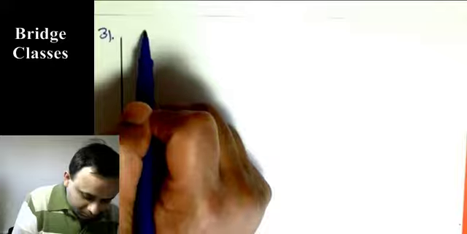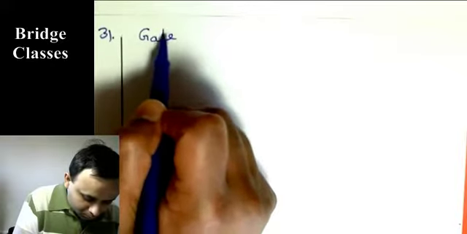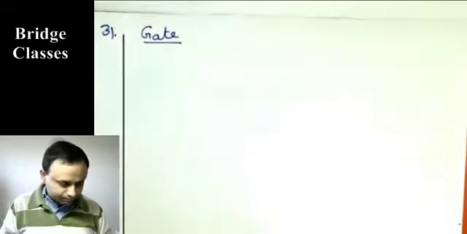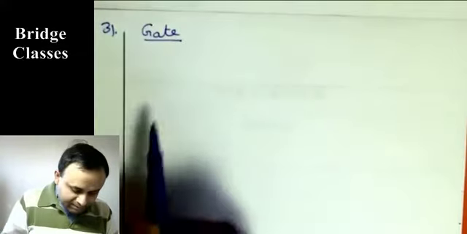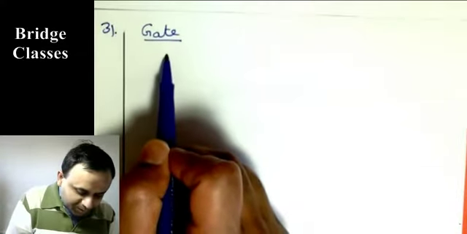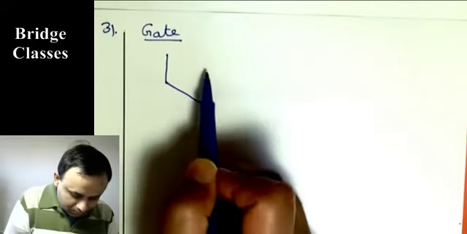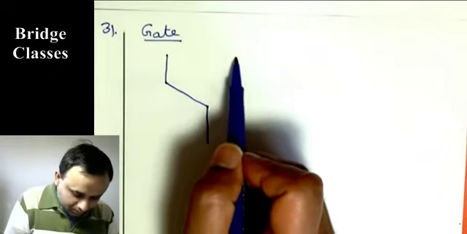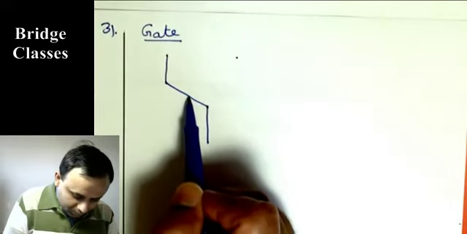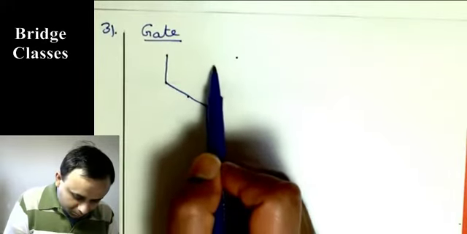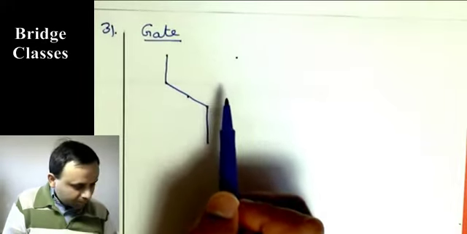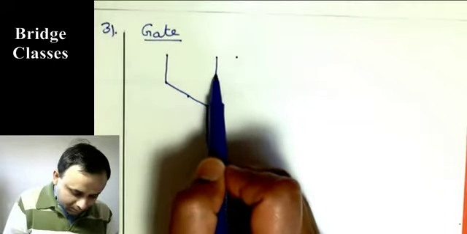Okay, this is another problem from GATE. And in this there is a tongue, a gripper tongue like this. Okay, I can just draw like this.